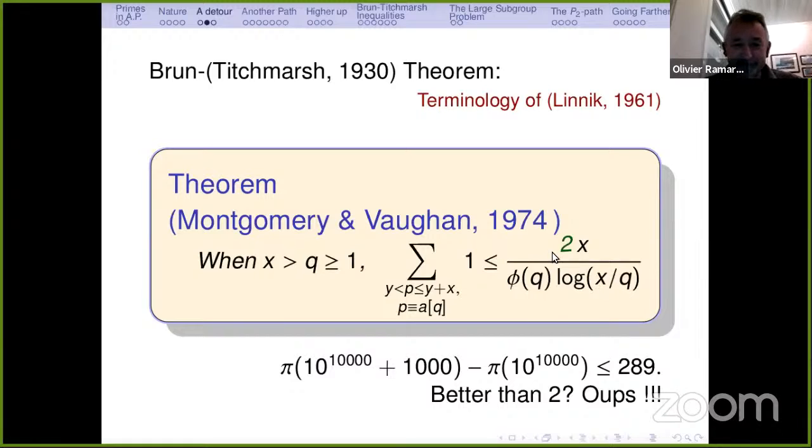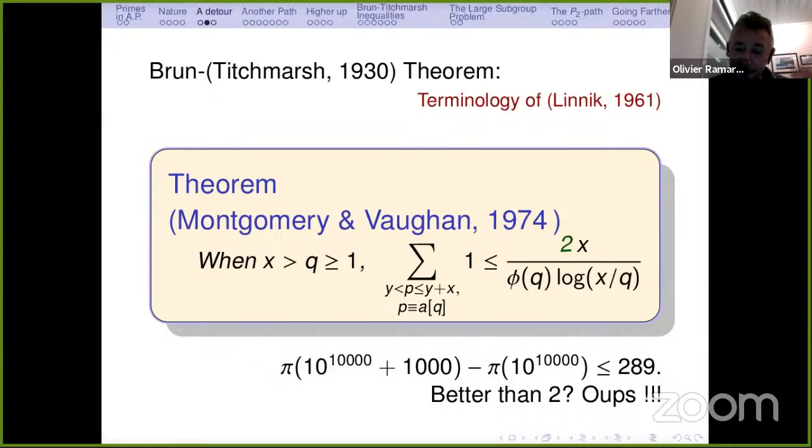And I have to tell you about the Brun-Titchmarsh theorem. This is a theorem that I've stated in the middle. So you look at the primes that are in an interval of length x, primes between y and y plus x, okay? So an interval of length x, and you want them to be congruent to a modulo q. It turns out that the sieve gives you an upper bound for this number.